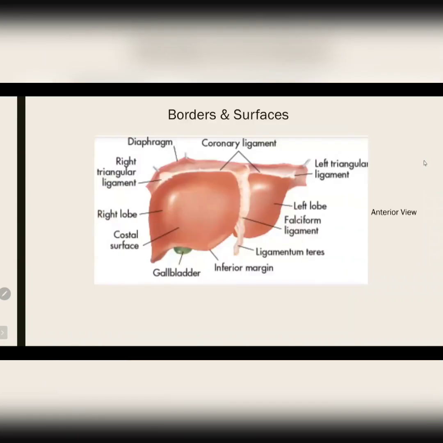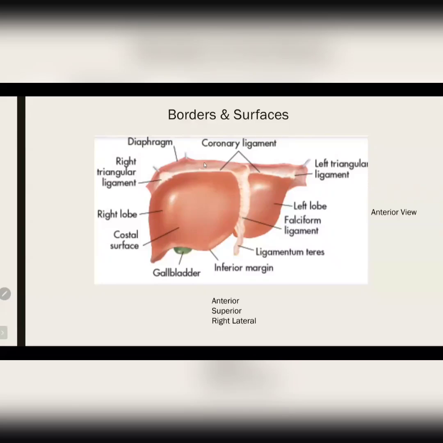Now let's look at the borders and surfaces of the liver. This is the view once the anterior abdominal wall is reflected. Naturally, the surface that you view first, this wide area, is the anterior surface of the liver.